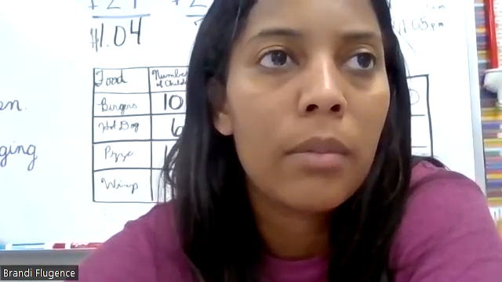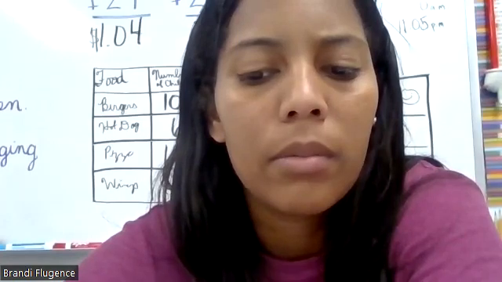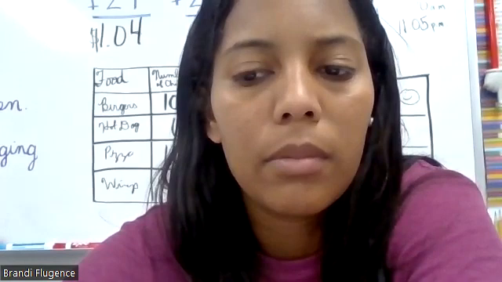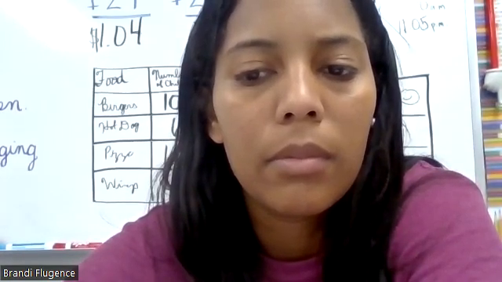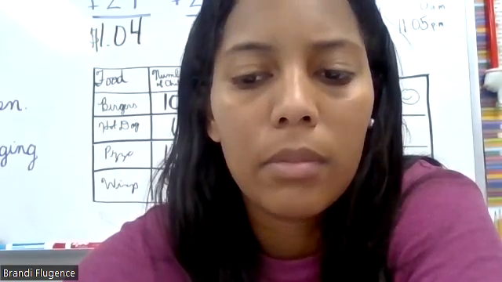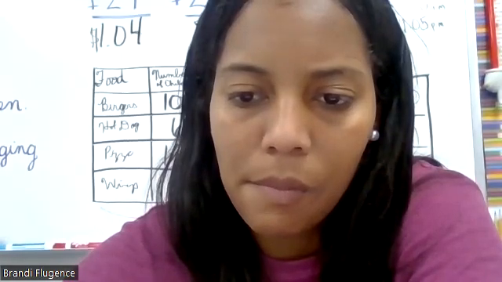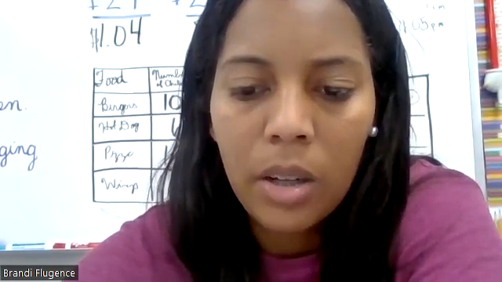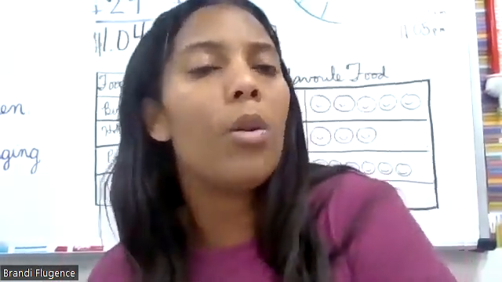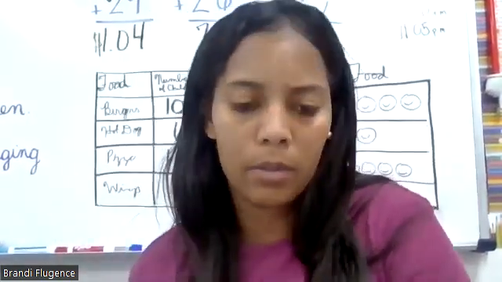That's too many. Not 7, guys. You will draw 3 whole ones and a half. That's 2, 4, 6, and then half makes 7.